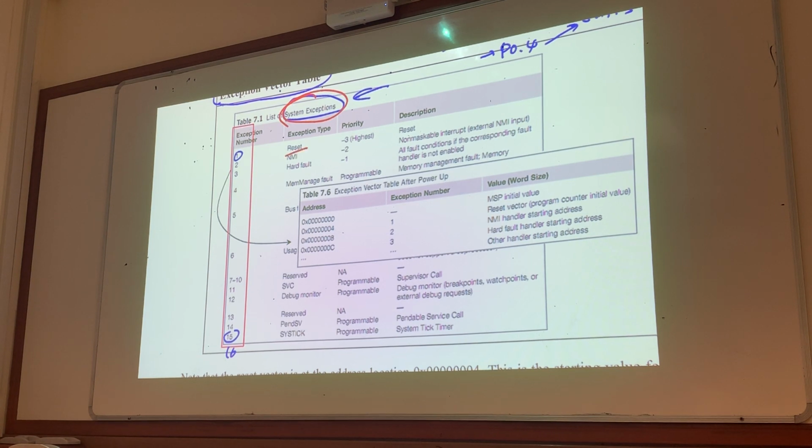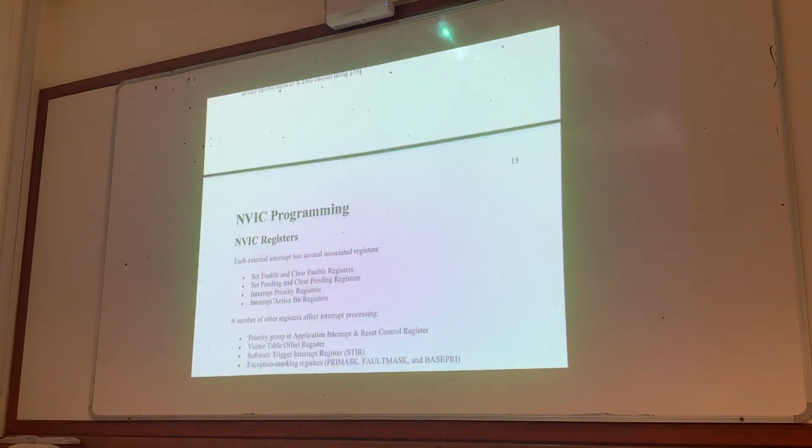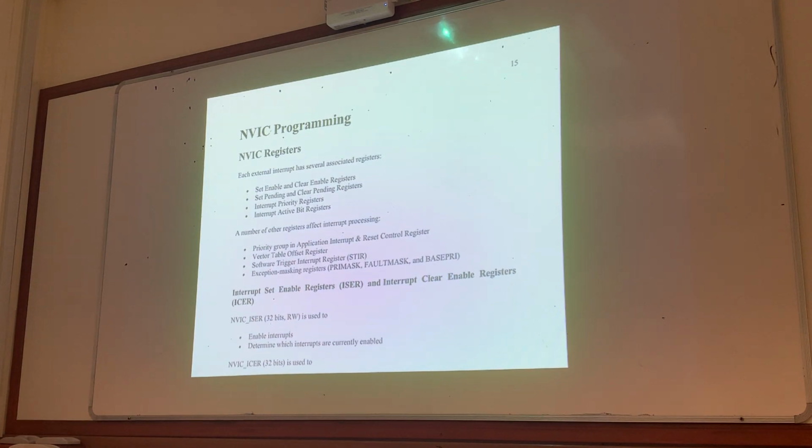You have reset, hard fault, bus fault, and SysTick here. Can you see that? For the priority, usually we give a negative value. Basically we assign them negative values, and all your external interrupts have a positive value.